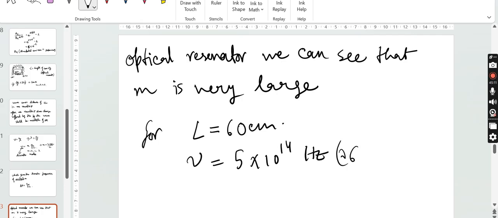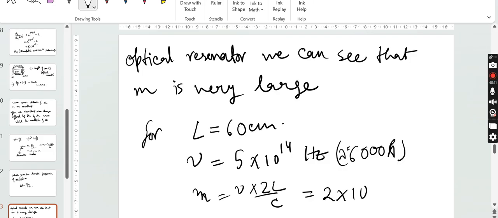This corresponds to 6,000 angstrom. So m is nu into 2L by c, that is about 10 to the power 6.